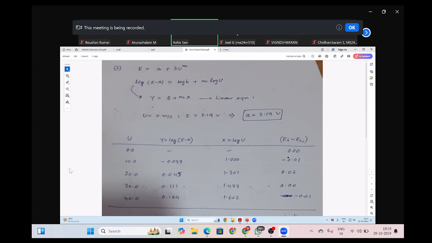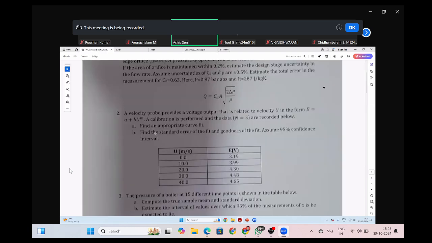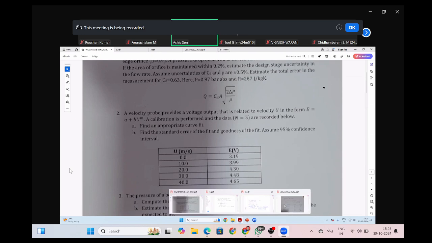Now when you go to 10 meters per second, your y is log of E minus A. If you go to the data here, for a velocity of 10 meters per second, E is 3.99.